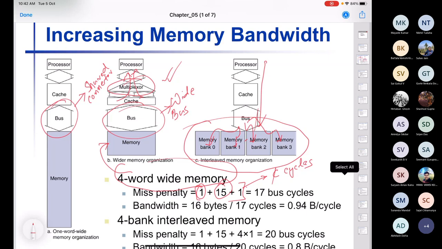Then this 15 is the access over the bus. Over the bus, it takes 15 clock cycles. 15 is actually quite a small number, but anyway, it is the access over the bus, to and fro.